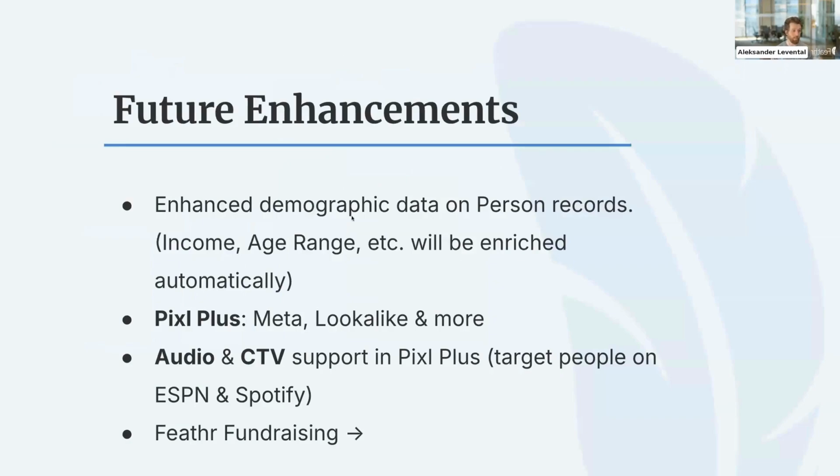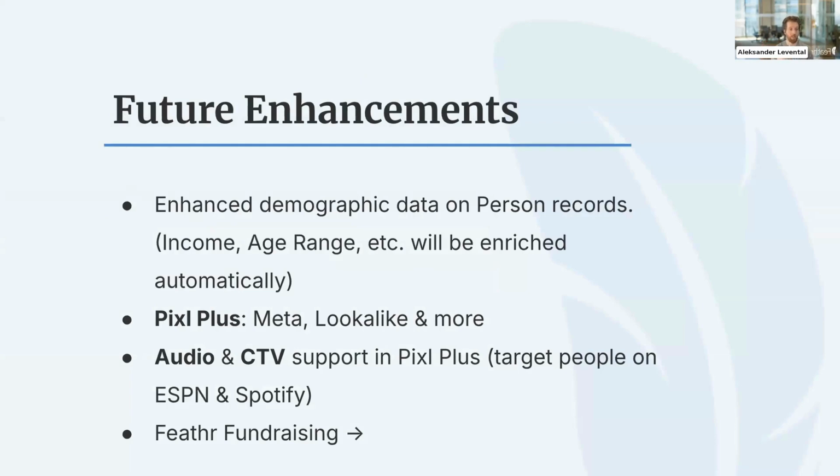I want to briefly talk about future enhancements. There are enhancements to the demographic data coming, putting those demographic filters onto your actual contact records, Pixel Plus, and automatic Meta campaigns. I'll put a little asterisk around those Meta campaigns, coming in the next 6 weeks or so.